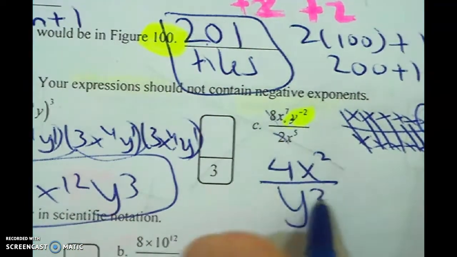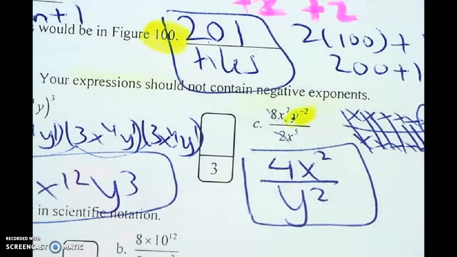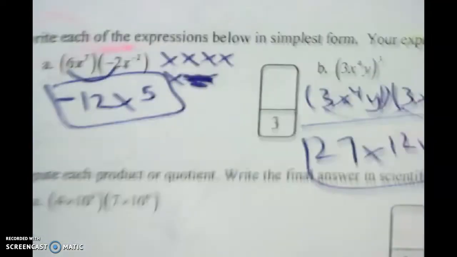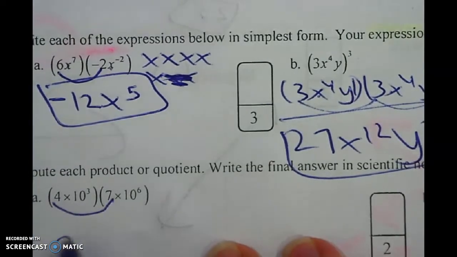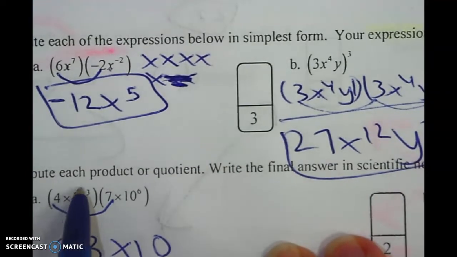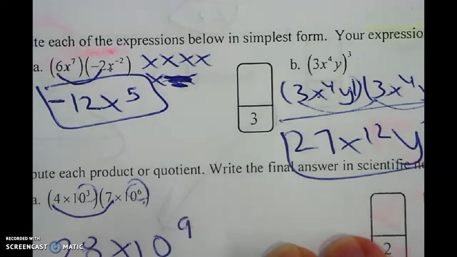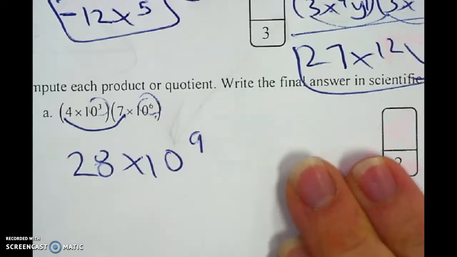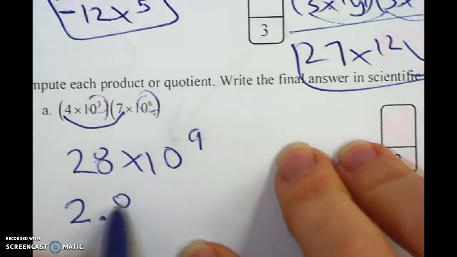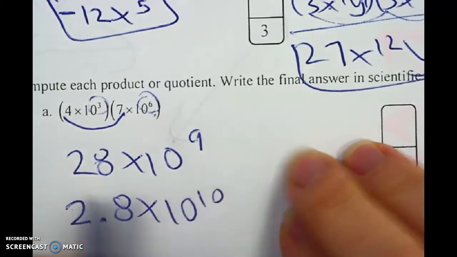So if I put it down here, then it evens it out. Okay? All right? Multiply. 4 times 7 is 28 times 10 to the 3 plus 6 is 9. But if I'm going to write it in scientific notation, it would be 2.8 times 10 to the 10th.